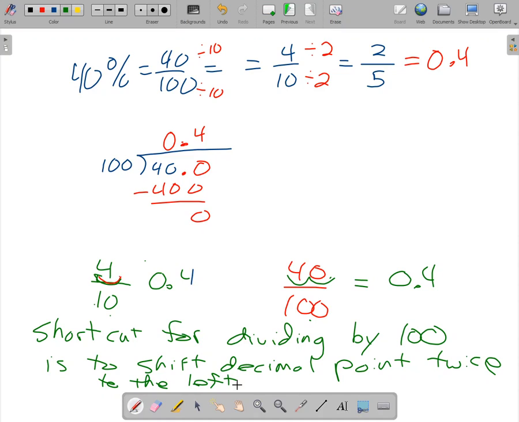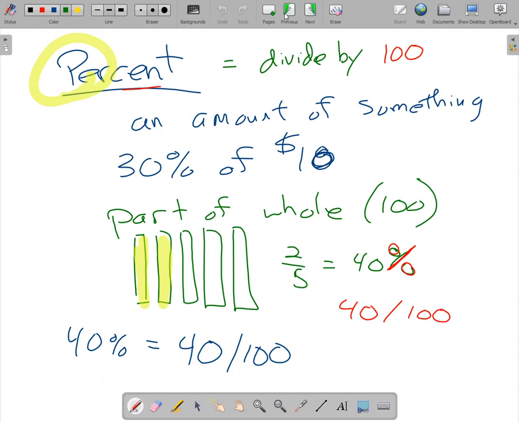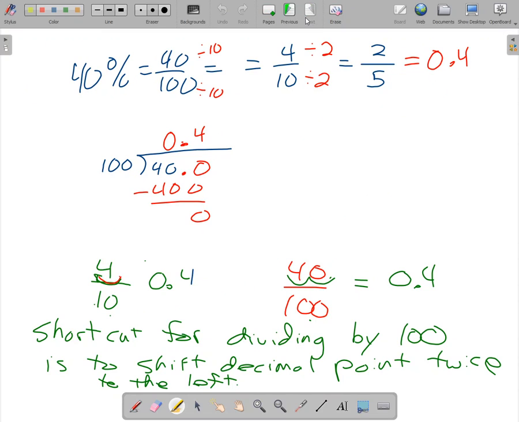The negative 2 power. So this is super important. This is like the highlight of the percent section. Percent just means divide by 100. So if I have a percent and I don't want it to be a percent anymore, I just divide by 100. And we have two options for doing that. We either use division, which takes us to a decimal, or we just reduce a fraction and leave it as a fraction.